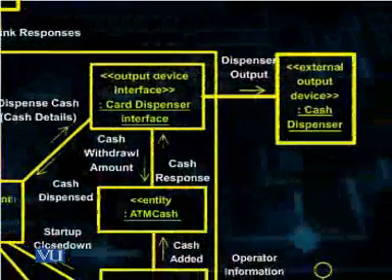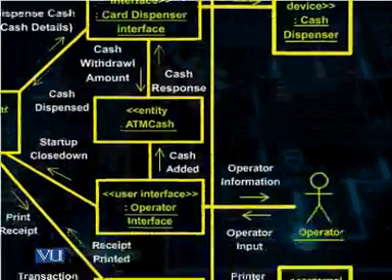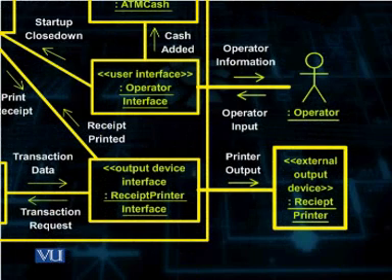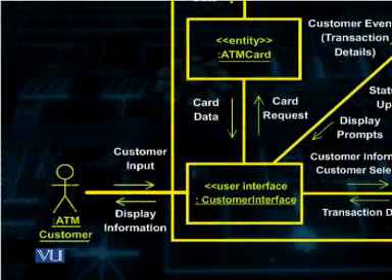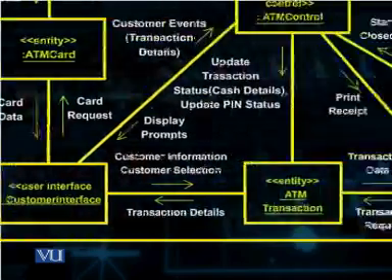Then there is the cash dispenser, the hardware I/O device, and the receipt printer, which is also an external I/O device. And finally, we have the ATM customer, who performs these transactions and benefits from them, and can use any of the three transactions that we have talked about.